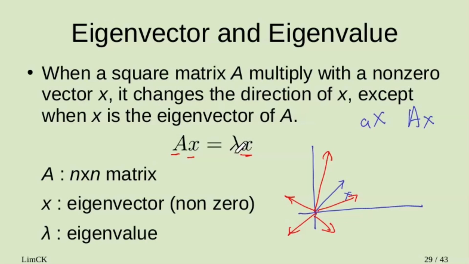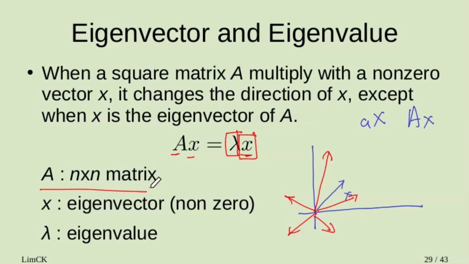If this is the case, the lambda here, this scalar, we call this the eigenvalue of this matrix, and the x here, this vector, we call this vector the eigenvector of this matrix A. Of course, when you say A here, it is always a square matrix.